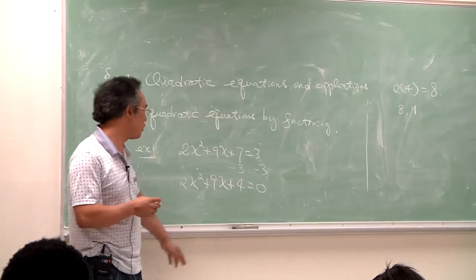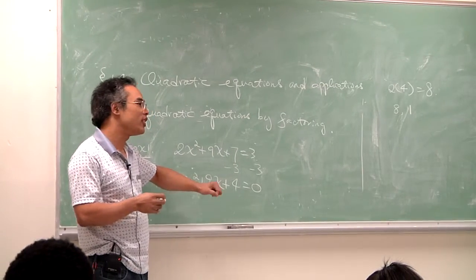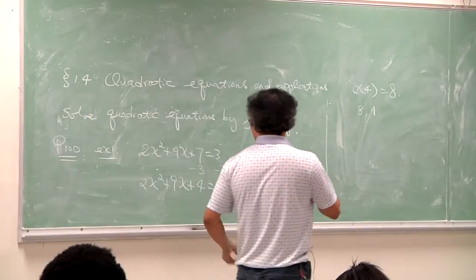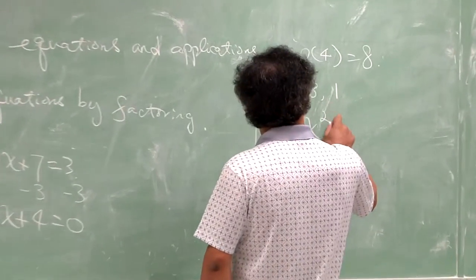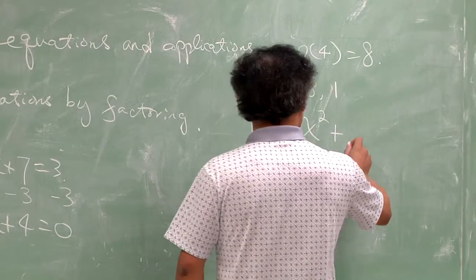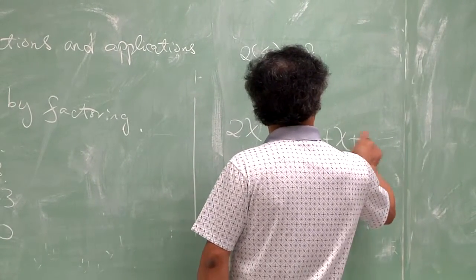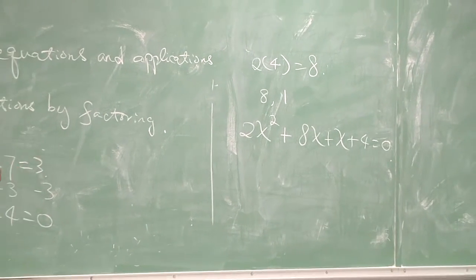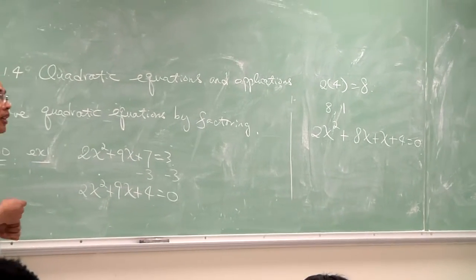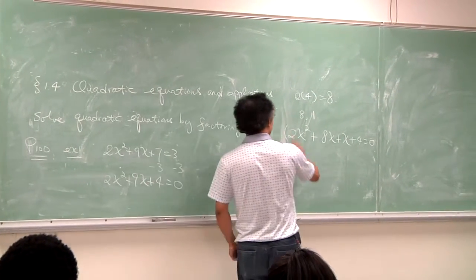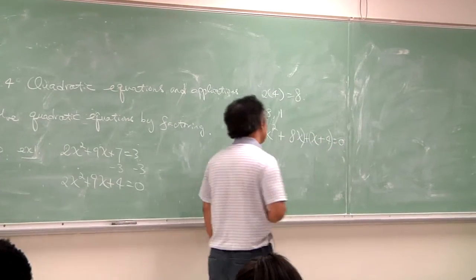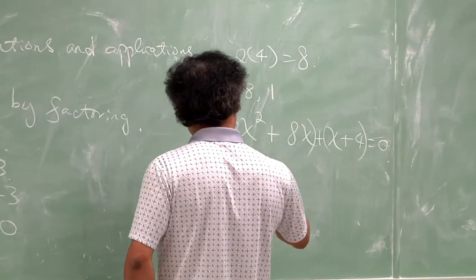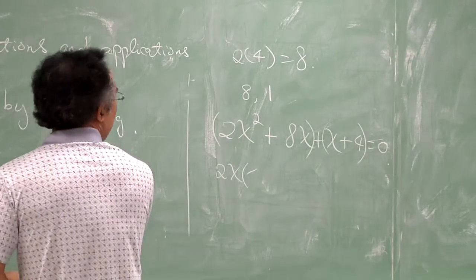Then we can use those two numbers to split the linear term into two, so we break the whole thing into 4 terms. You break up 9x into 8x and x, and then you factor by grouping. You can factor 2x from the first group, and that gives us x plus 4.